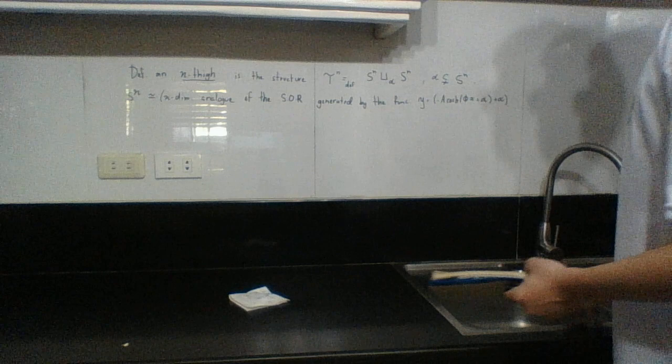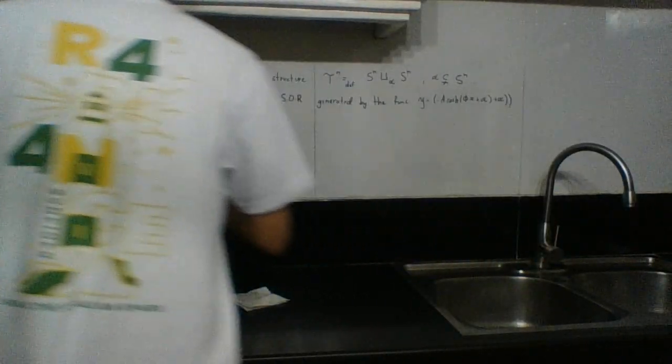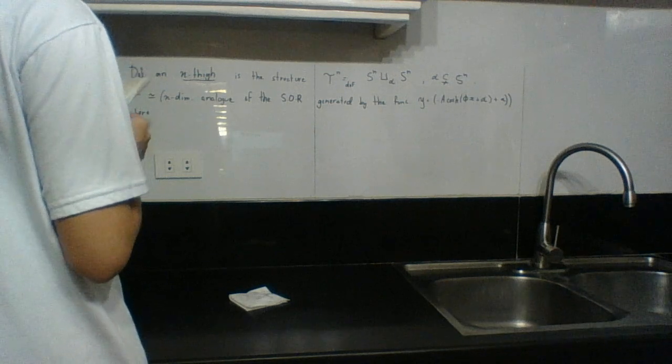So this, where a, phi, x, alpha, and a, sorry, that's not alpha, that's small a, all exist.